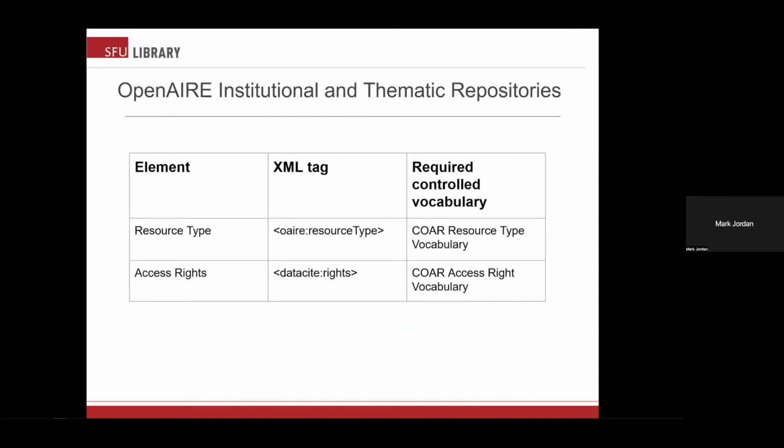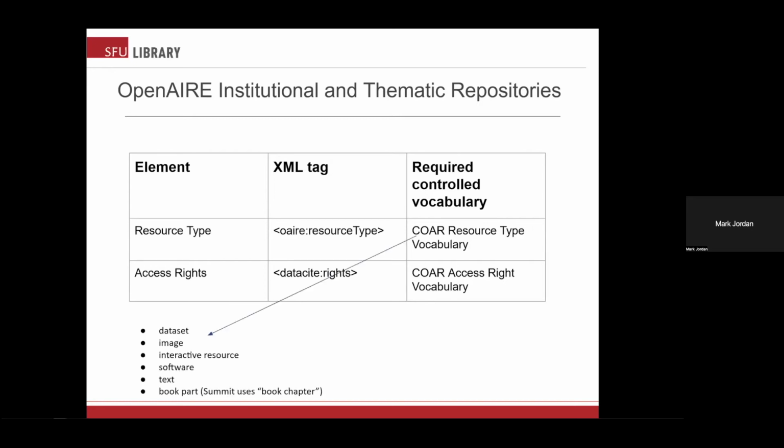And the 2 that are challenging because they are not only non-unqualified Dublin Core XML namespaces, but they require the use of specific controlled vocabularies. And this is problematic because we wouldn't normally use these vocabularies in our IR. We are only required to use them because we want to be able to provide OpenAIRE OAI harvesting.